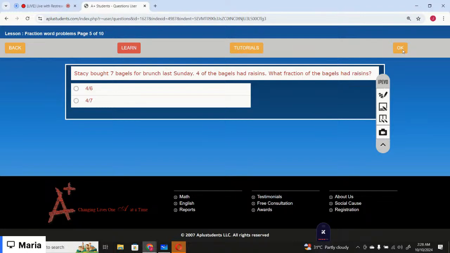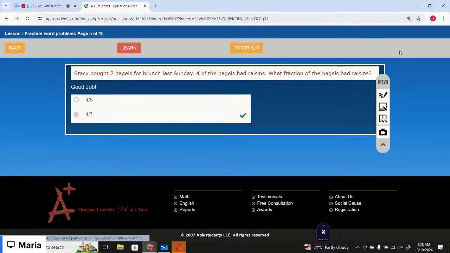Yes, the total were 7, right? So 4 out of 7 had raisins. The correct option is 4 out of 7. Option number 2 is the correct option.